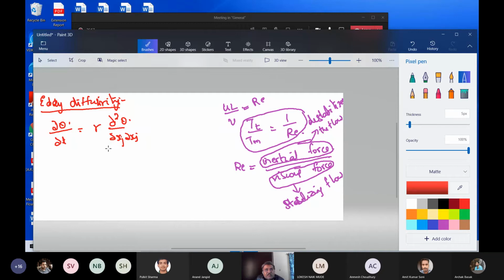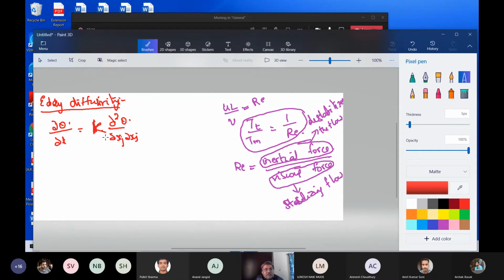So what they said is that when there is turbulence, when there is intense mixing and flow, let us have a diffusivity. Gamma is the kinematic diffusivity. So let us suppose that we have a diffusivity K, which is many orders of magnitude greater than this gamma. We assume that the diffusion equation is the same.